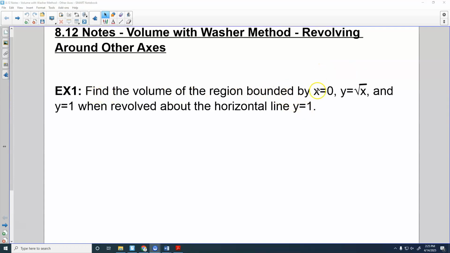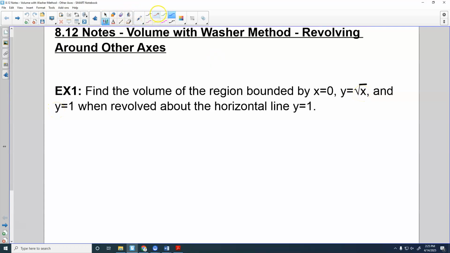We've got the region bounded by x equals 0, square root of x, and y equals 1, when revolved about the horizontal line y equals 1. So x equals 0 is the y-axis. We've got y equals square root of x, and we've got y equals 1.